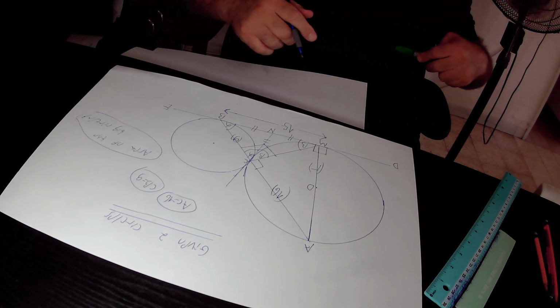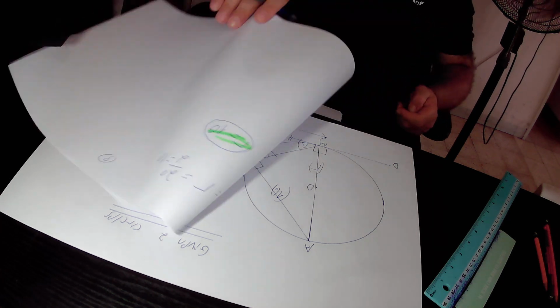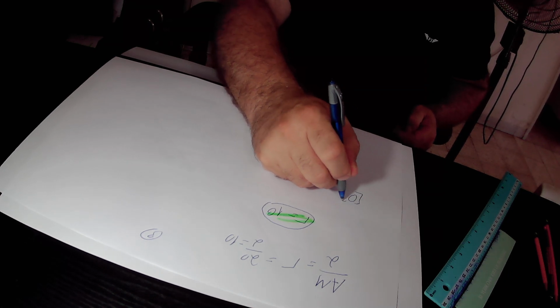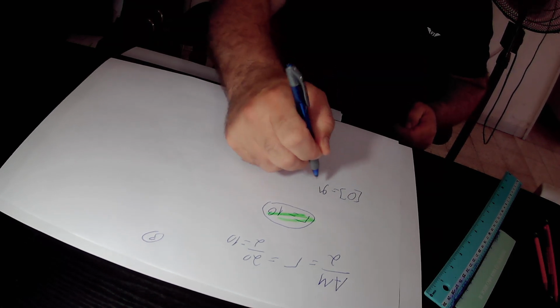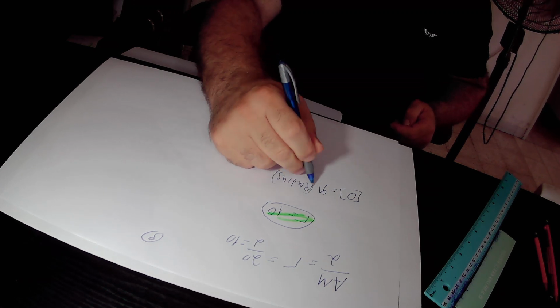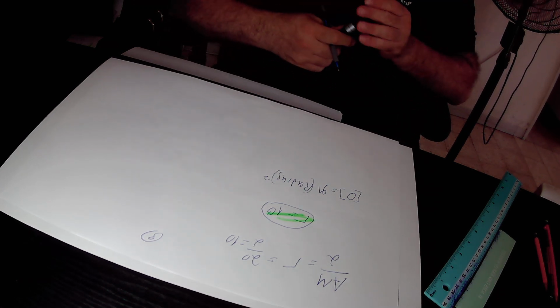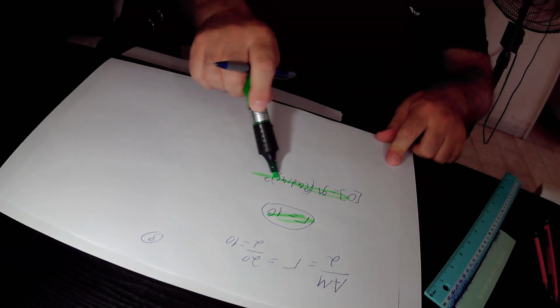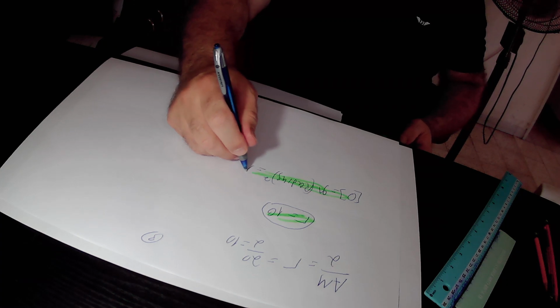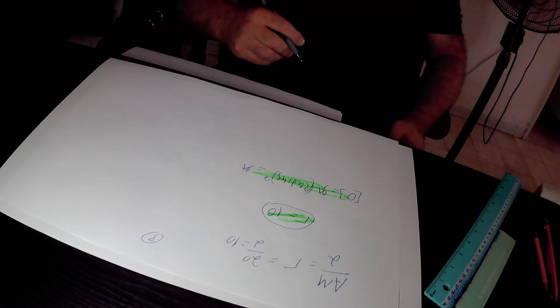Actually, we know that the area of any circle is equal to pi times the radius of the circle squared. Repeat again: the area of any circle equals pi times the radius squared. And therefore, the area of the big circle must be equal to pi times the radius of the big circle squared.